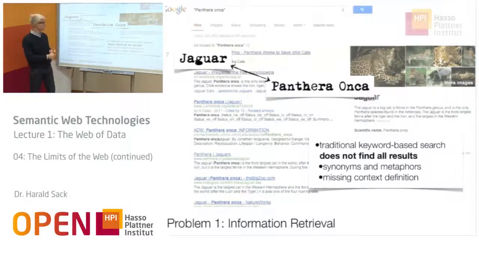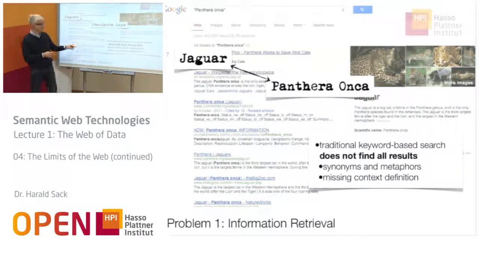So for example, for Jaguar the cat, you can also take the Latin name for that cat. This would be Panthera onca. And only if you take this Latin term too, you will get results from the web where Jaguar the cat is referred to as Panthera onca.